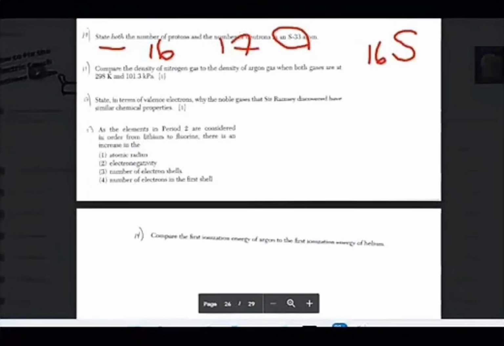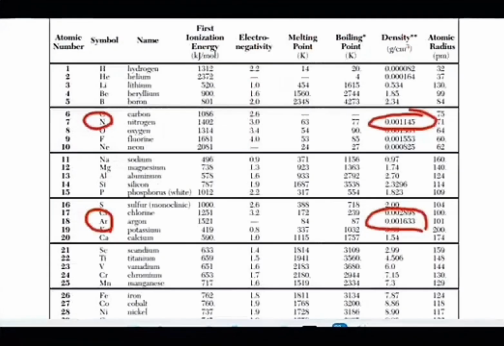Compare the density of nitrogen gas to the density of argon gas when both gases are at 298 K, 101.3 kilopascals. Now, density is listed on reference table S. That's where we need to go. All right, I circled the density for nitrogen, the density for argon. I suggest you do the same.